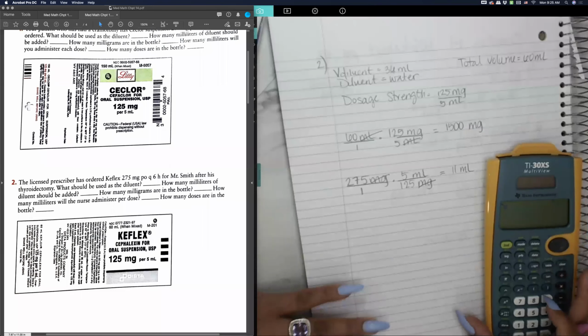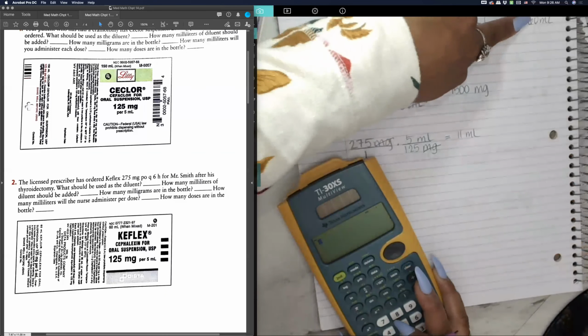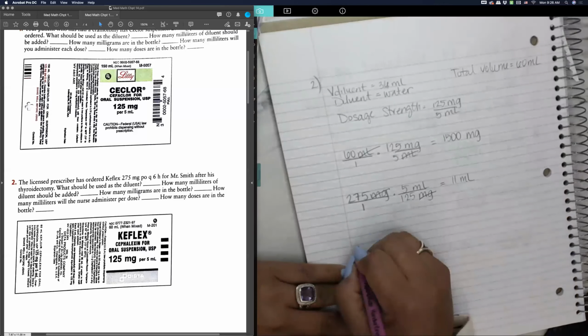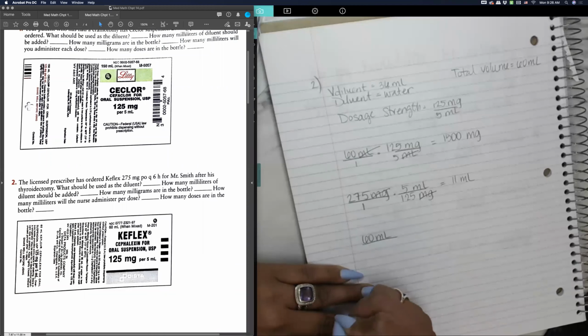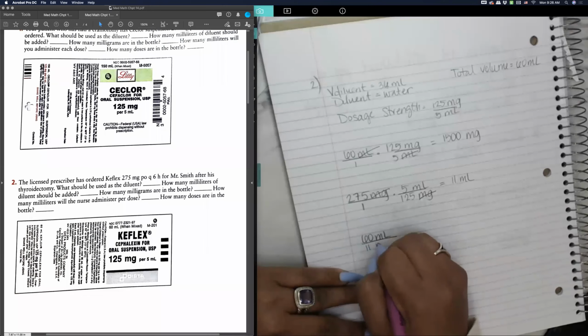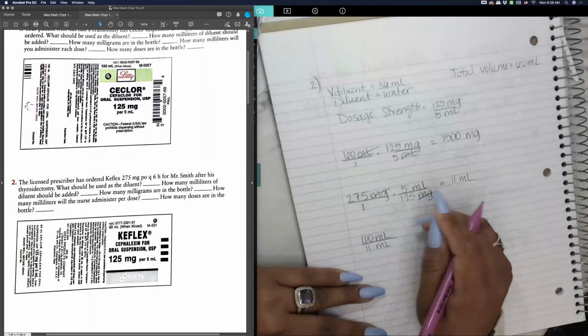Okay. And then I know I have 60 milliliters available as my total volume once my medication is reconstituted. And I now know that I'm administering 11 milliliters per dose to my patient.